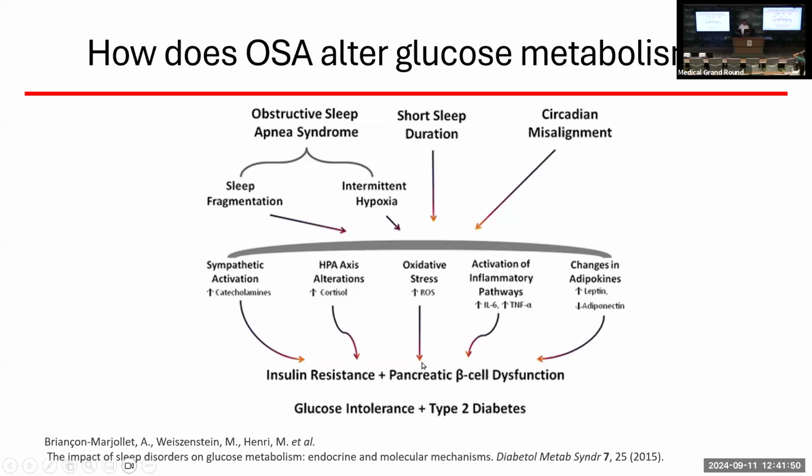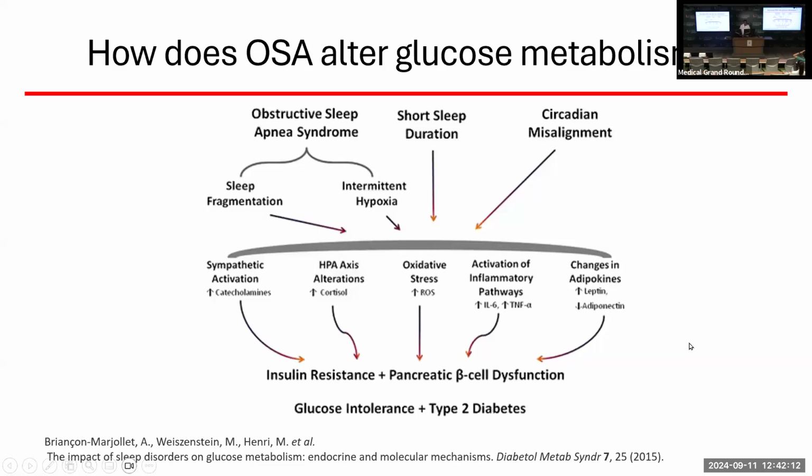The cortisol levels that are supposed to dip when you're sleeping may not do so because the sleep is disturbed, and this leads to increased cortisol, and thus the HPA axis is also affected. There is hypoxia followed by rapid oxygenation, which predisposes you to oxidative stress and increased reactive oxygen species.